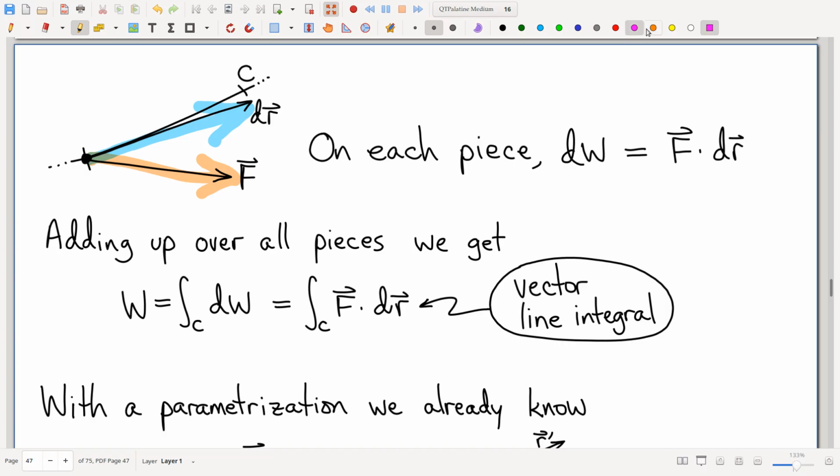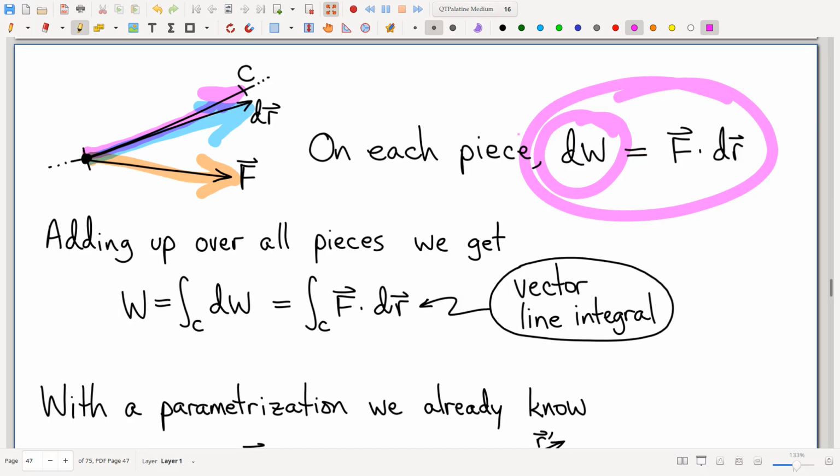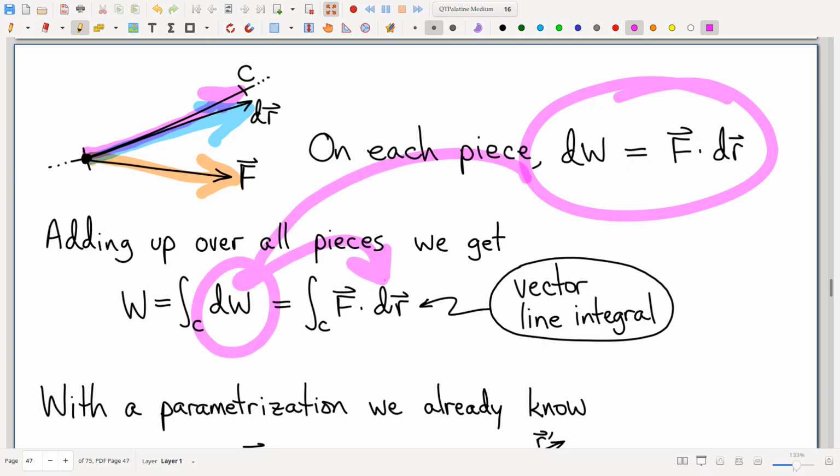And so the amount of work it takes to move along that little piece of curve is just the dot product of force and displacement, a la chapter 1. And then if I say the total amount of work is the sum of those little pieces of work, then, all right, well, dW is F dot dr.